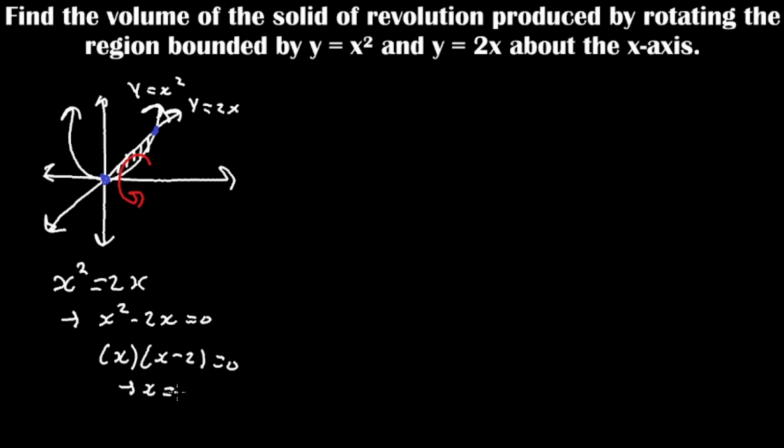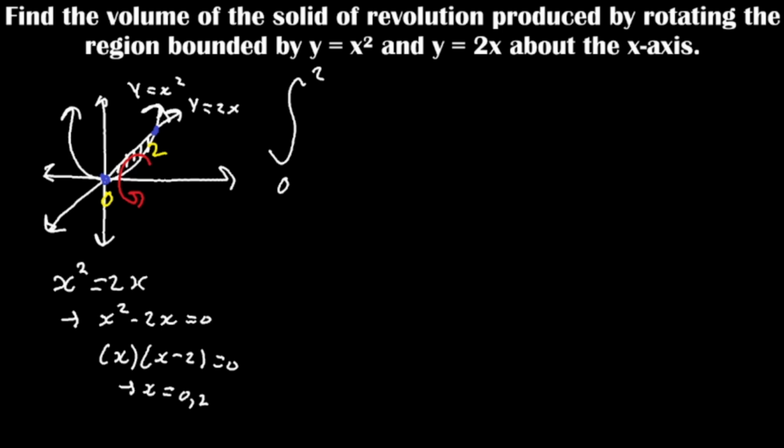So our zeros are x equals 0 and 2. So this is 0. This is 2. Should probably use a different color. Okay. So now we can set up our integral. So it's from 0 to 2.